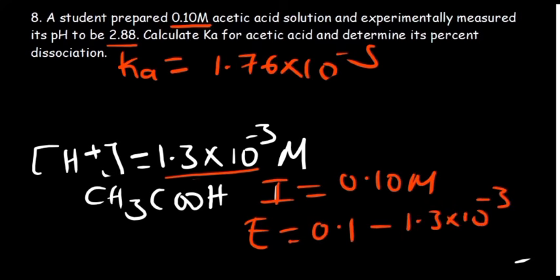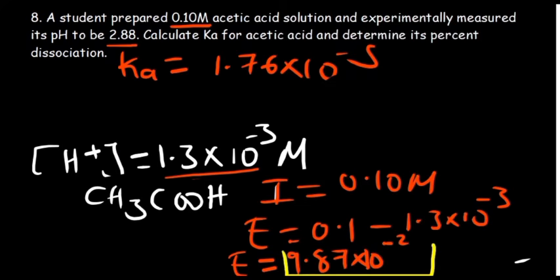So let's try to do a calculation: 0.1 minus 1.3 by 10 to the power negative 3. So what we have is 9.87 by 10 to the power negative 2. So that is what we have as our equilibrium concentration there.